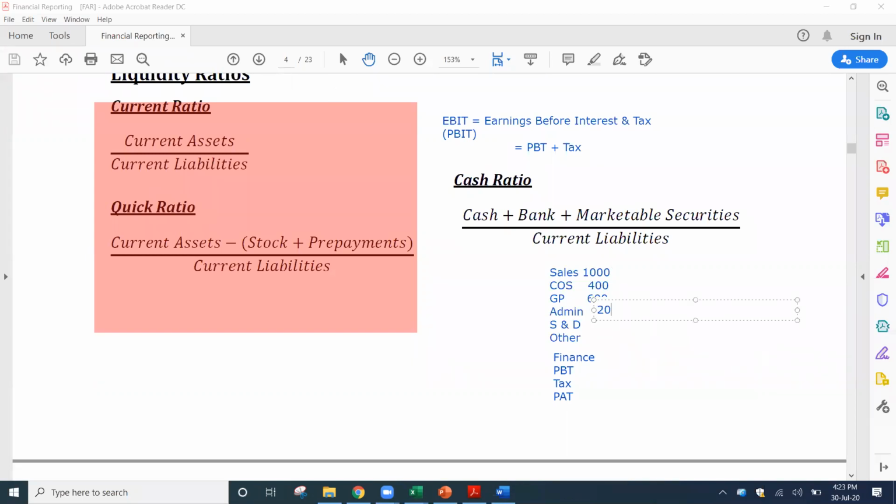Admin is 200, 100, 50, minus, let's make it 150. Finance expense, take it as 100.